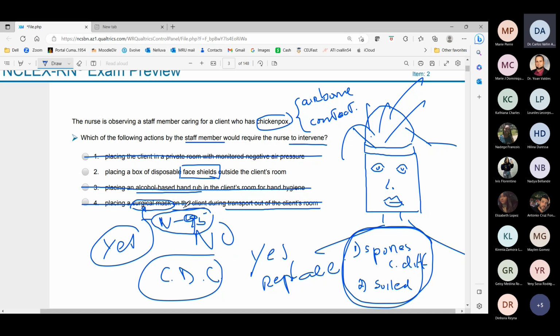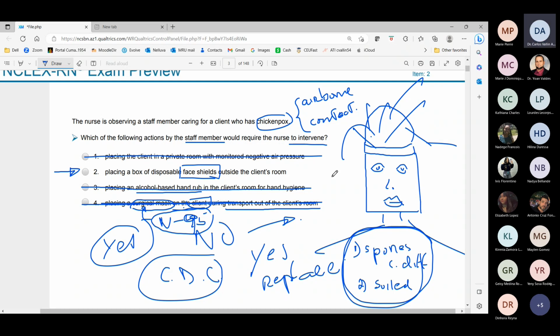But if it is the client with tuberculosis, chickenpox, or measles that must go out of the room for any procedure, the client goes with a regular surgical mask. So it is correct. Based on this defense that I made of the other options, the answer must be two.